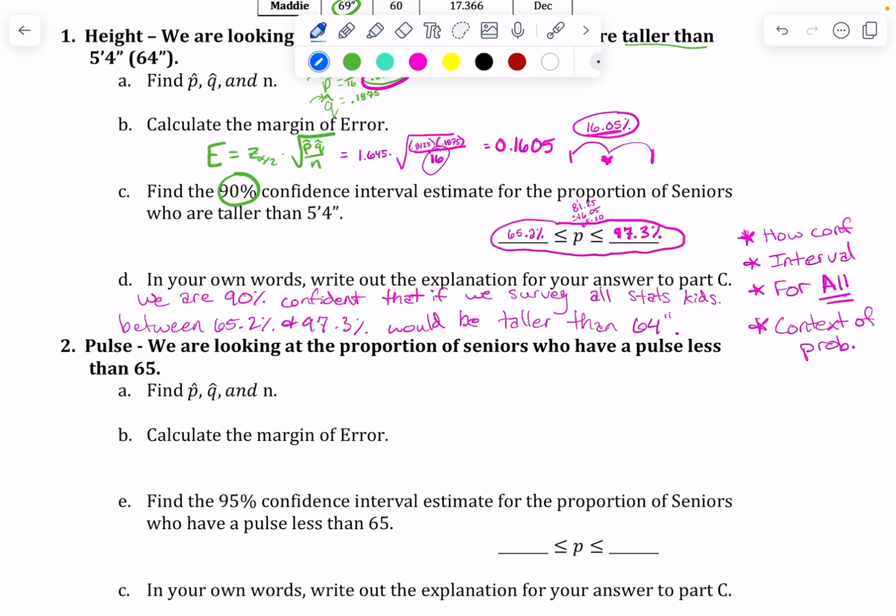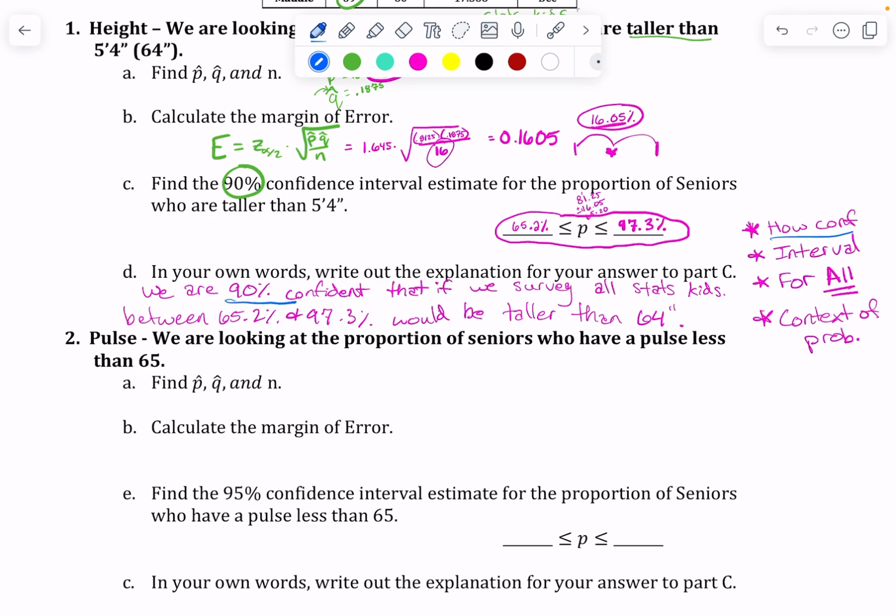So how confident are we? 90%. The interval right here, for all, that if we survey all stats kids, context of the problem, taller than 64 inches. So I've included everything.